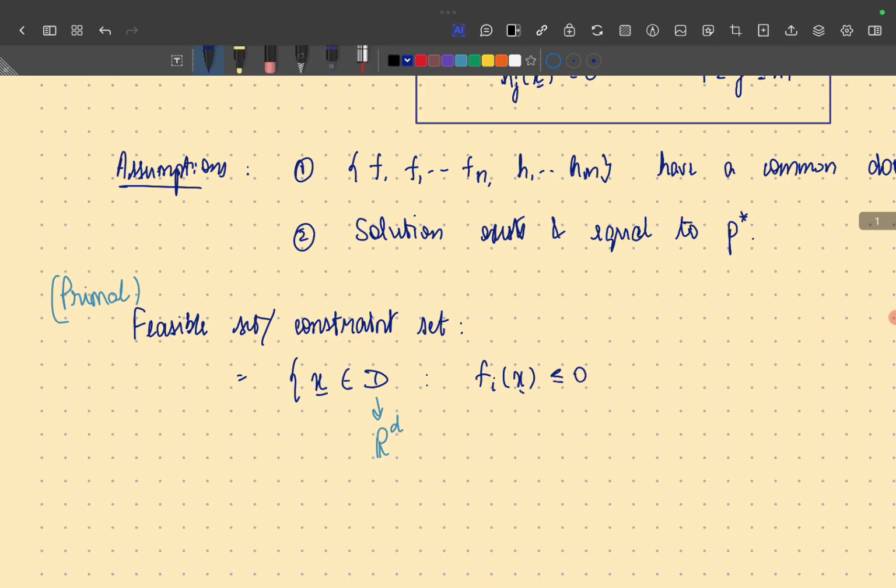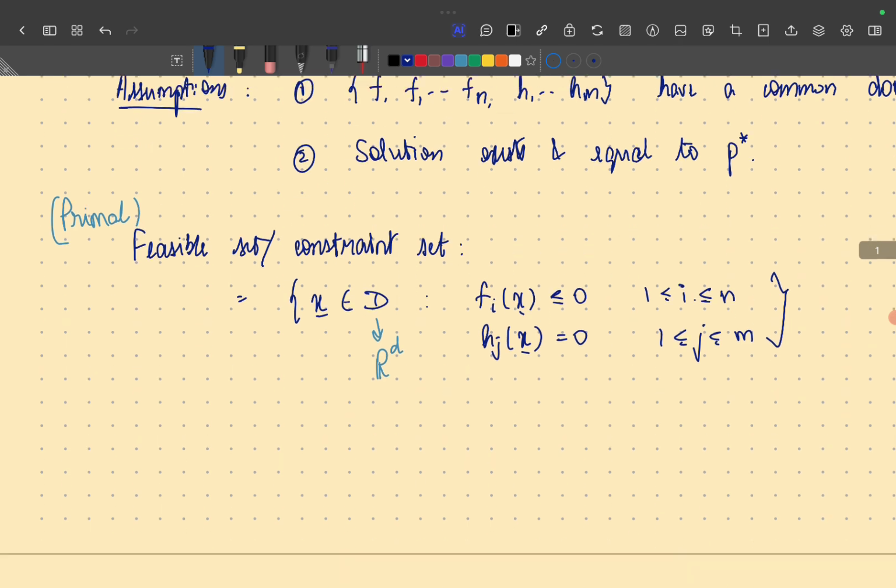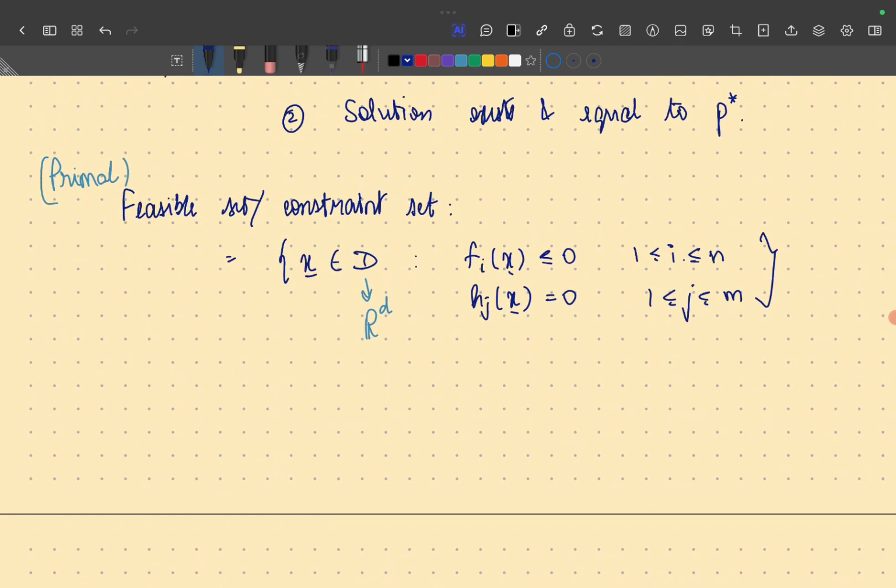So fi of x is less than or equal to 0 for i between 1 and n, and hj of x is equal to 0 for j between 1 through m. So I have n inequality constraints and m equality constraints. So this is the feasible set.